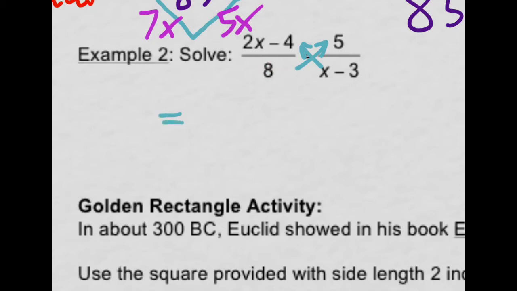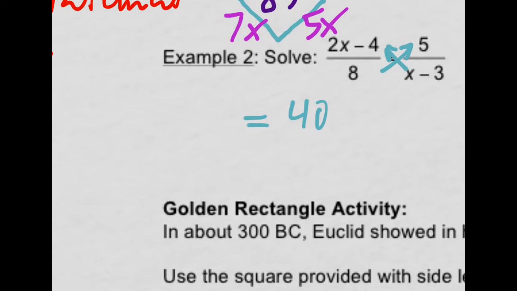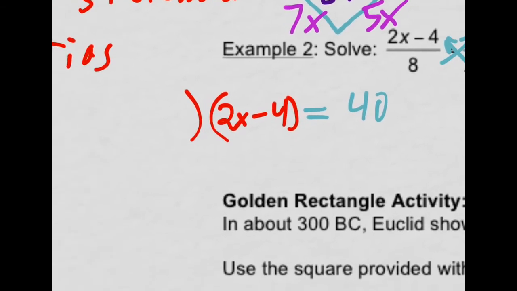Well, 8 times 5 is 40. And then my other side is a little bit more difficult. X minus 3 times 2x minus 4. You gotta scoot this over here. 2x minus 4, x minus 3.